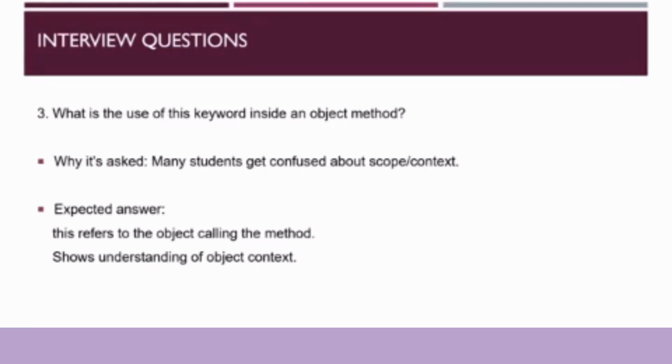This.name means the name property of the person object. So when greet runs, this points to person and it prints hello Alice. Understanding this shows that you know how to work with the context of an object, meaning you understand that methods belong to an object, and this helps you refer back to the object inside its method.